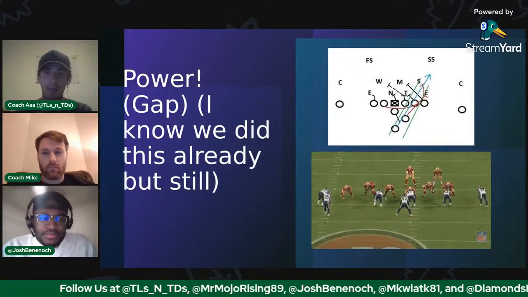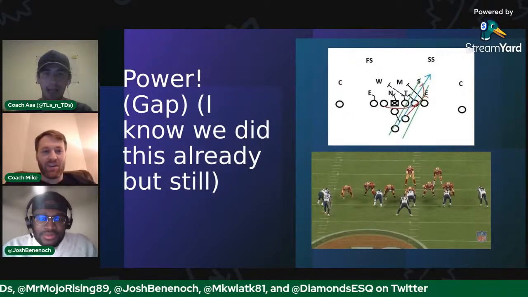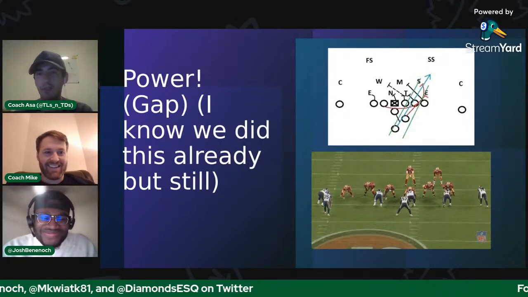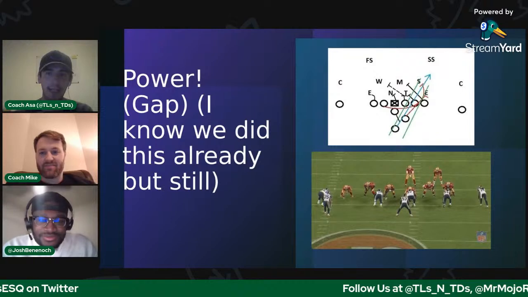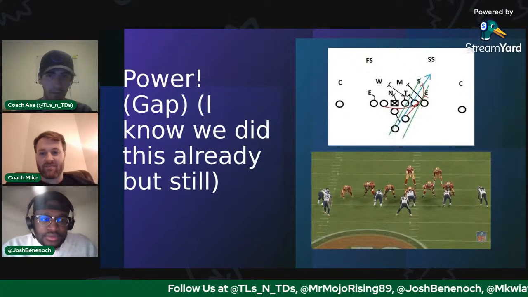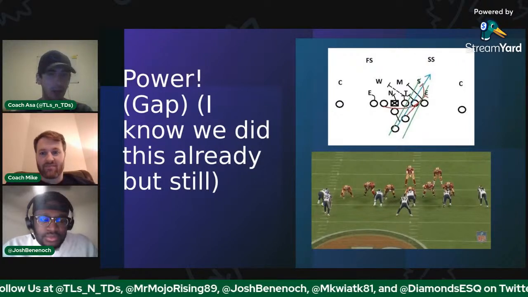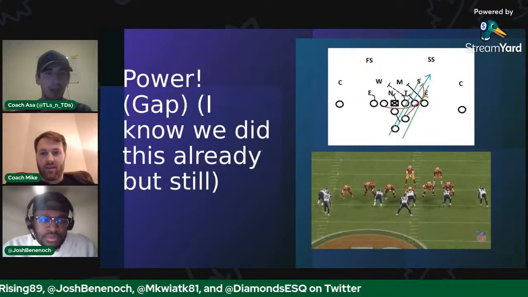For example, this GIF doesn't work, but if they were running outside zone, we'll get it figured out. Whatever. Yeah. So if this were outside zone, you'd be going this way. If the Mike linebacker and the strong side linebacker flow really quickly to the outside, this running back puts his foot in the dirt right here and has all of this space behind 52 to run.